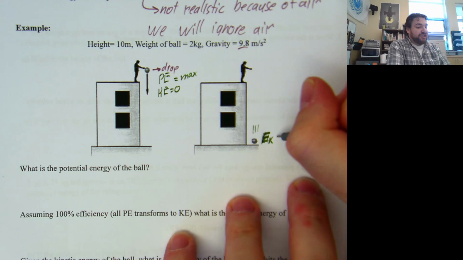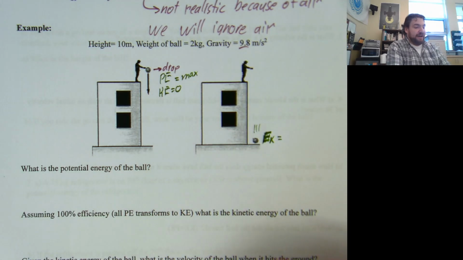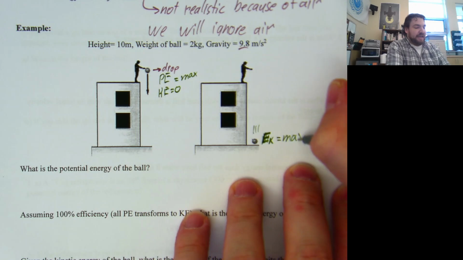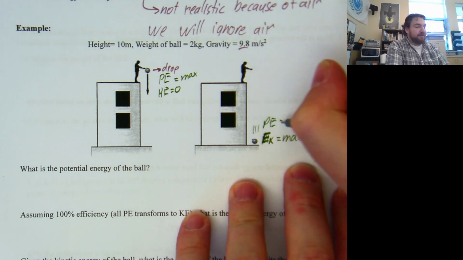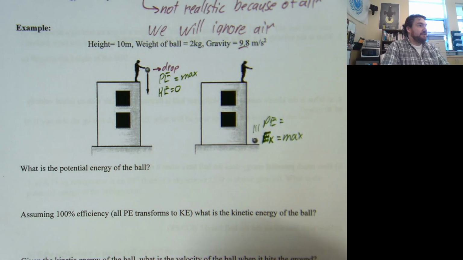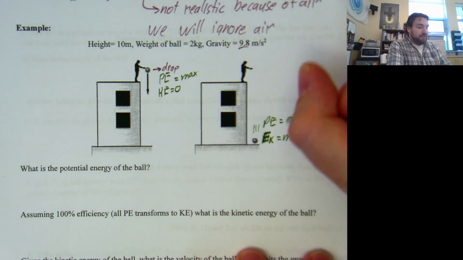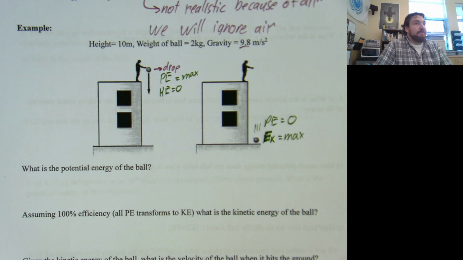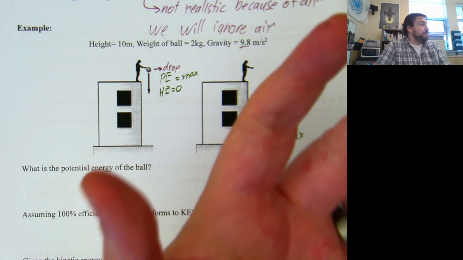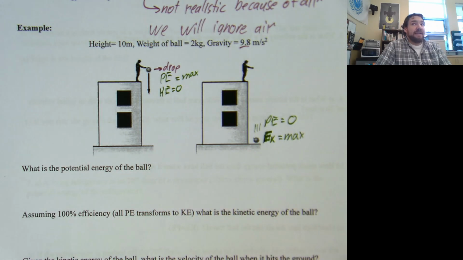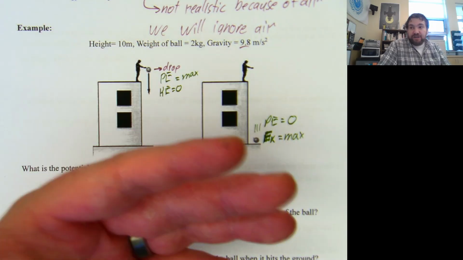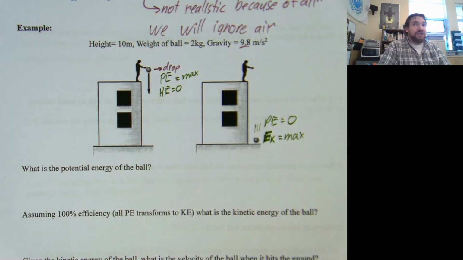And at this stage, the instant it impacts the ground, the kinetic energy is going to be a maximum, and the potential energy is going to be 0. At the moment of impact, there is no potential energy. The ball is in contact with the ground. And the kinetic energy is a maximum. So all of the potential energy has been converted into kinetic energy.